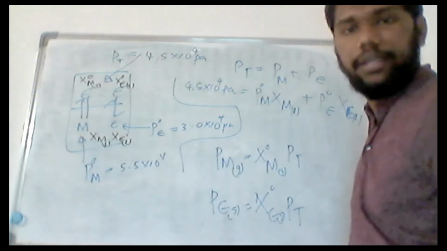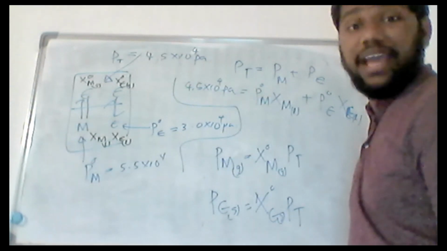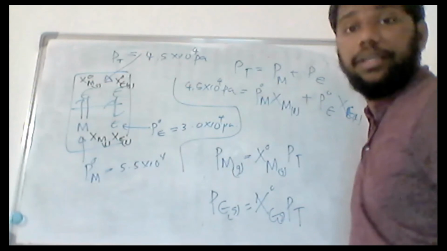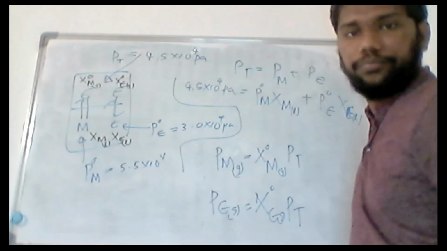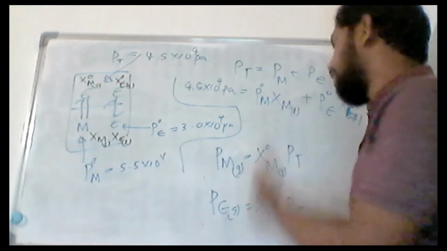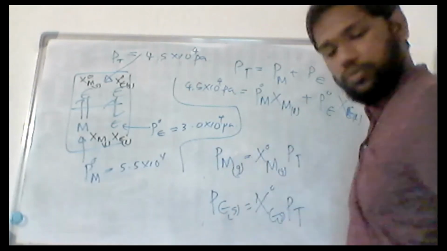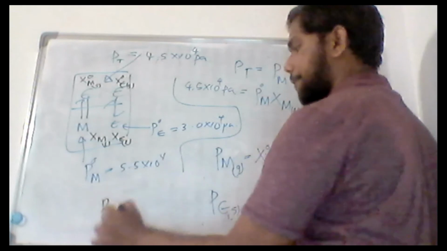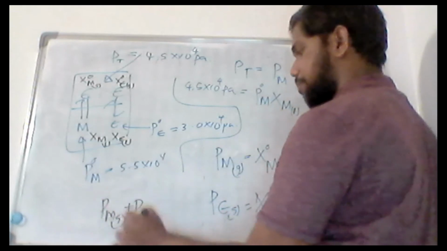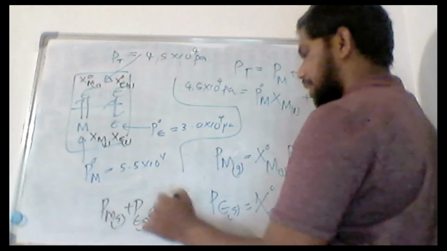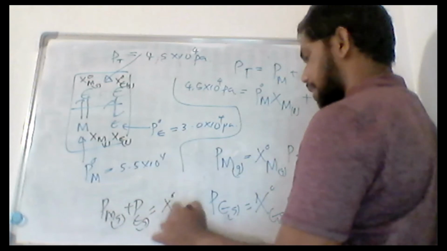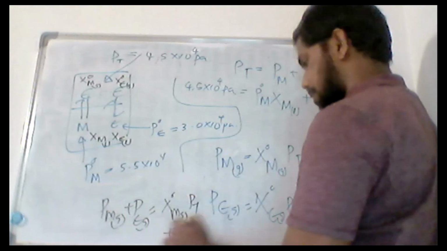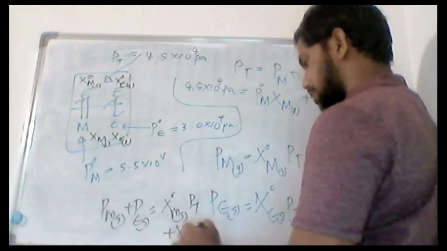Right? So you can understand what is actually happening here. Because if I add these two, for an example, here PM gas plus PE gas, you will have X naught M gas PT plus X naught E gas PT.